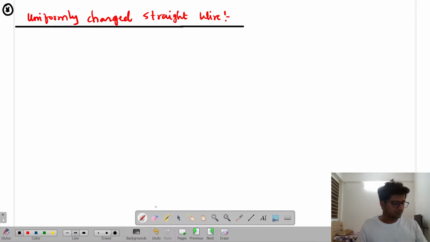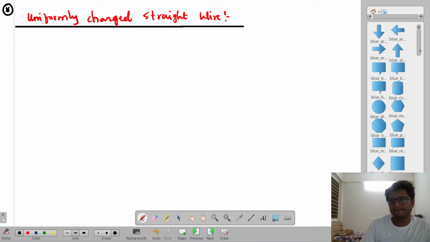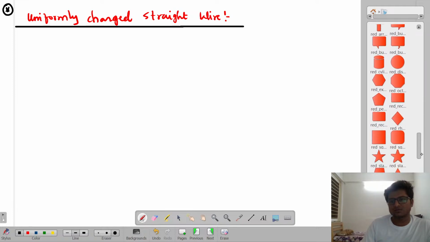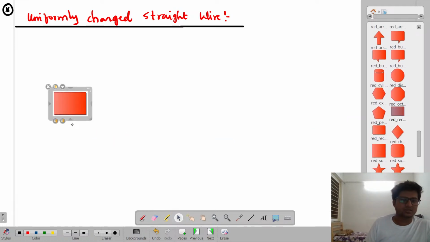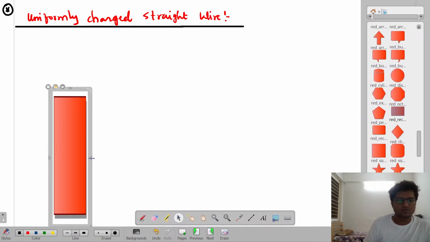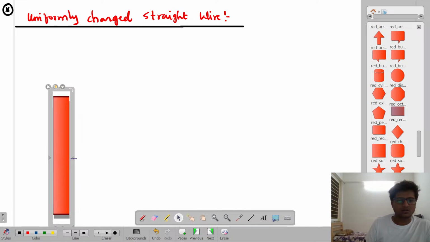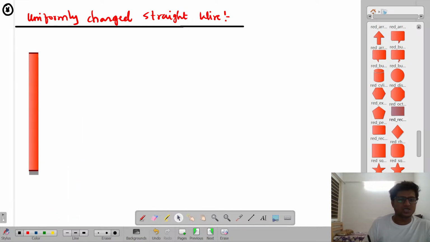One minute, just one minute. Okay, so let's suppose I have a uniformly charged straight wire. Let us take a diagram for that. Yeah, this is my uniformly charged straight wire.